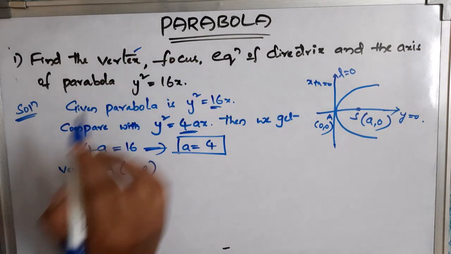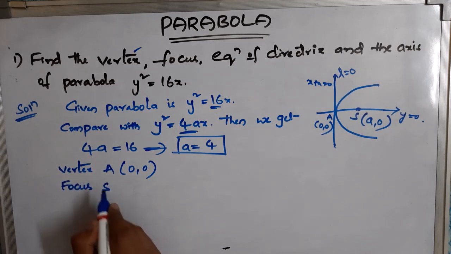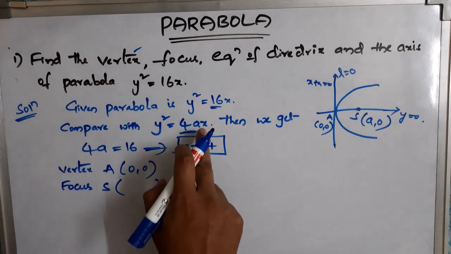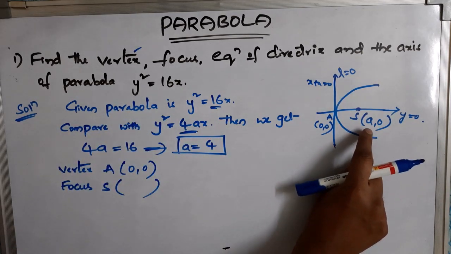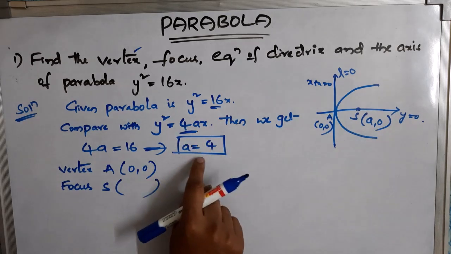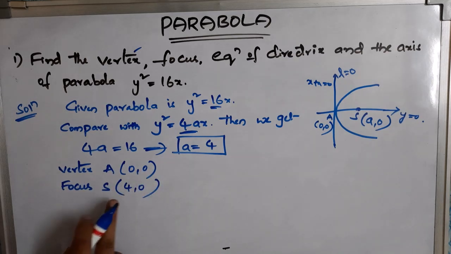And we have to find the focus. Focus is denoted by S, and in case of y square is equals to 4ax, the focus is a comma 0. What is the value of a here? We found the value of a as 4. So the focus becomes 4 comma 0.